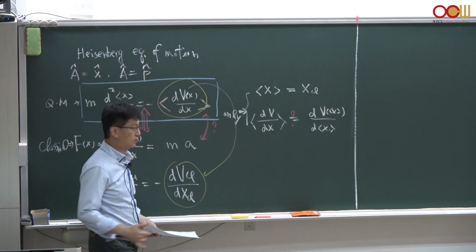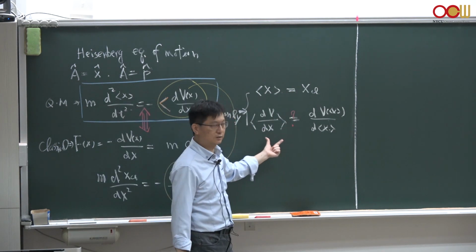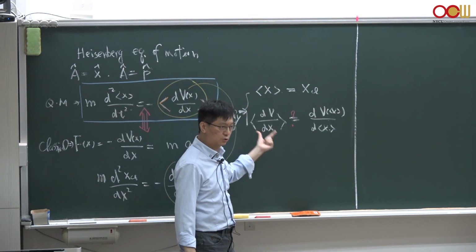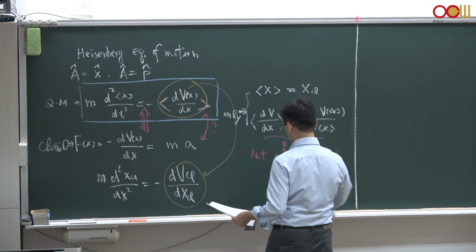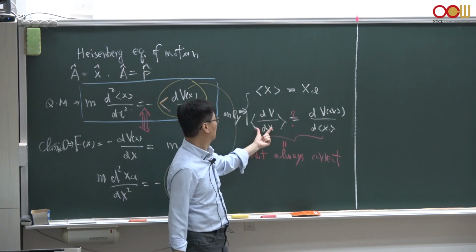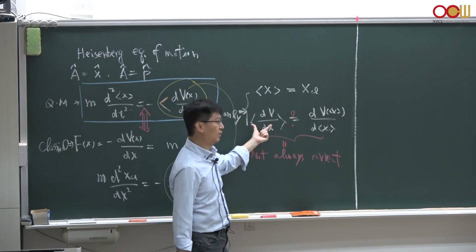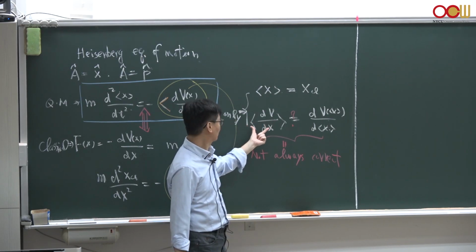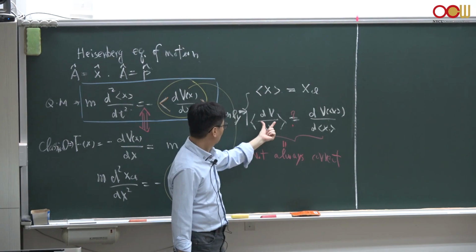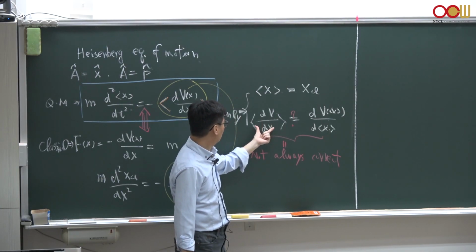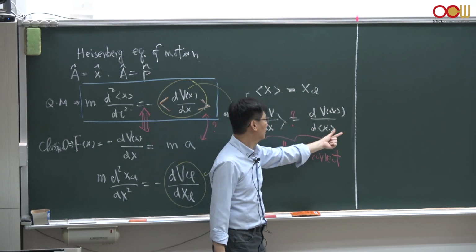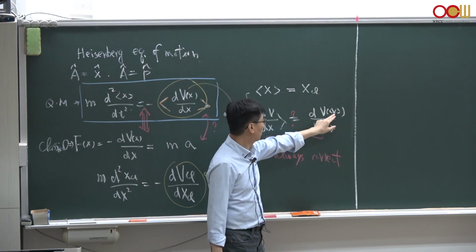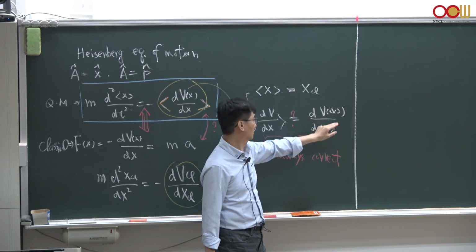The reason why this is questionable is because this is not always true, not always correct. Remember, where you put this bracket or expectation value matters. On the left-hand side of this equation, you get dV/dx and everything with the expectation value, but on the right-hand side, this expectation value only applies to the x operator, right?